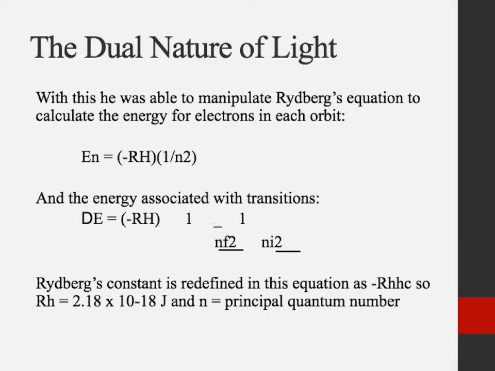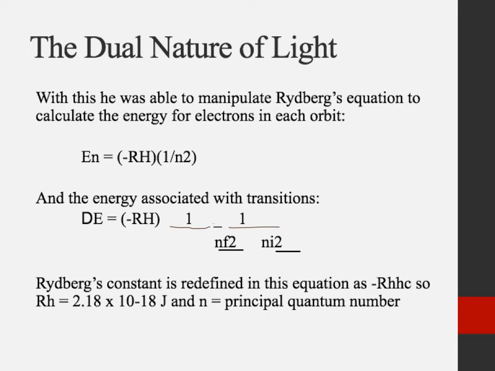And he did this by saying delta E is equal to negative RH times 1 over nf squared minus 1 over ni squared. Yours has the initial first and the final second, and that is a typo.